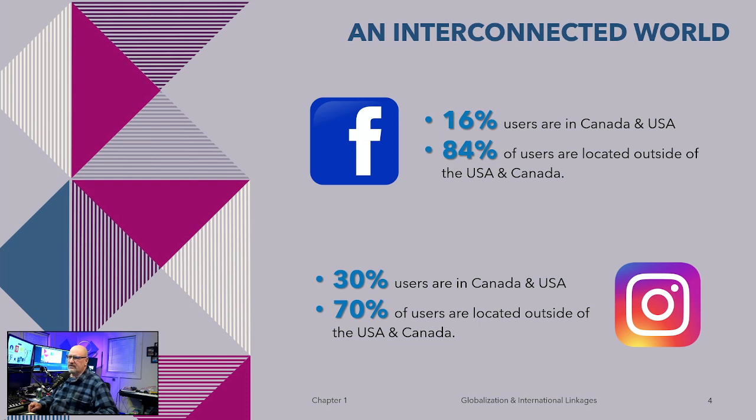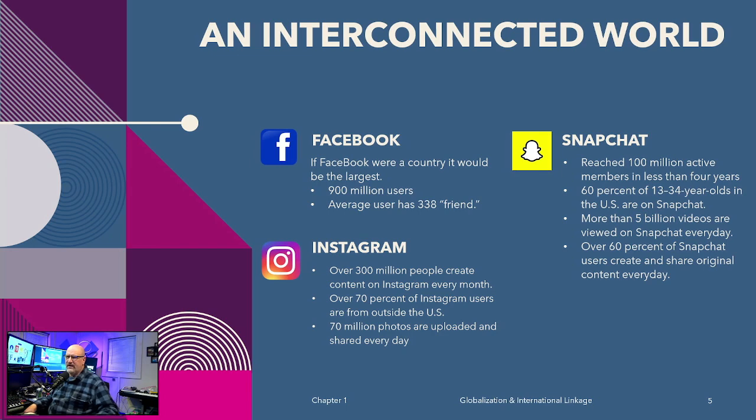Of Facebook's users, 16% are in Canada and the U.S., and 84% are located outside the U.S. and Canada. Instagram, 30% are inside the United States and Canada, and 70% are located outside of the U.S. and Canada. If Facebook were a country, it would be the largest country in the world.